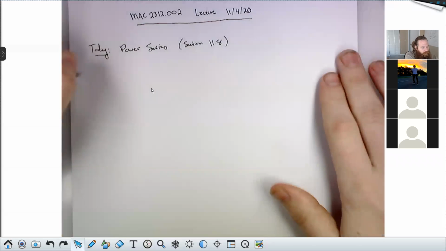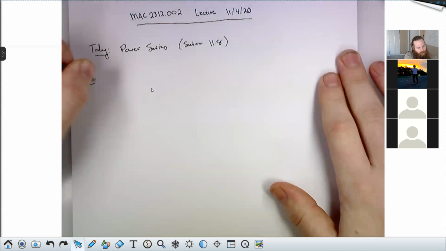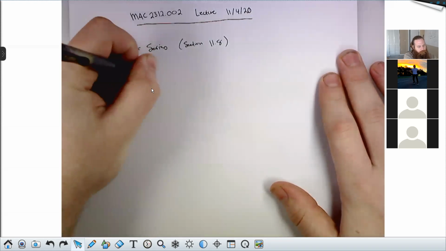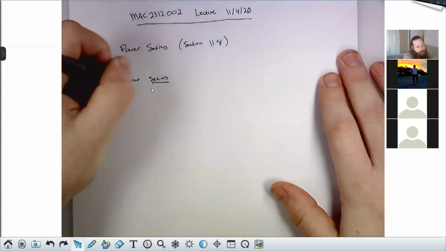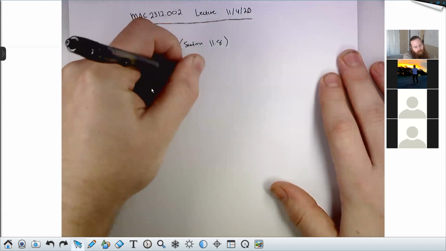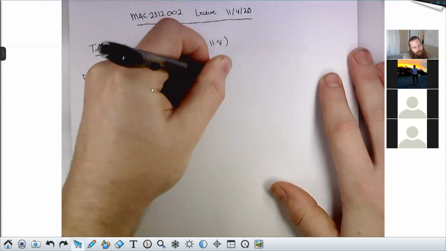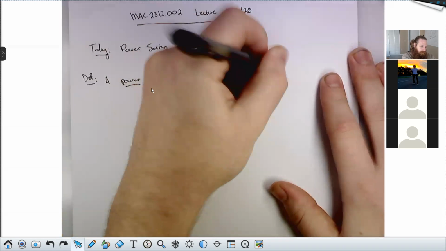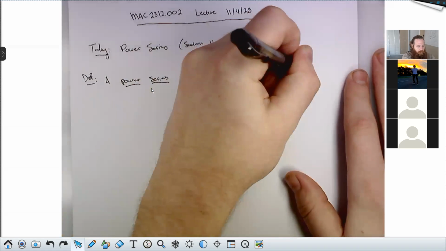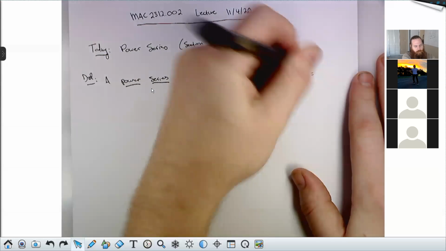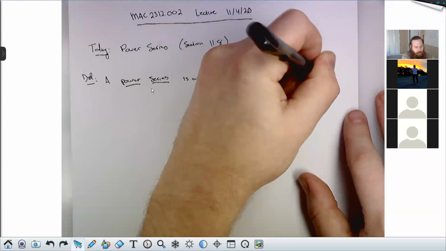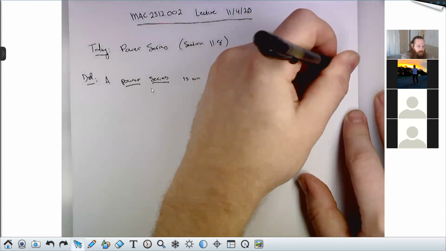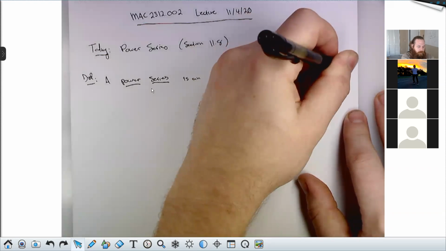But getting into the actual material, what is a power series? Well, a power series is an expression of the form f of x equals sigma n from 0 to infinity c_n times (x minus a) to the n.